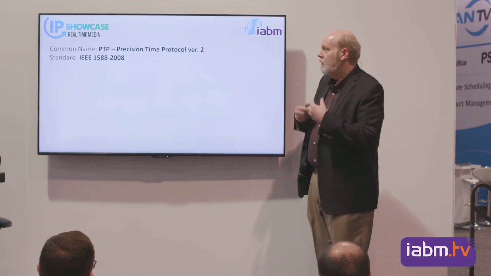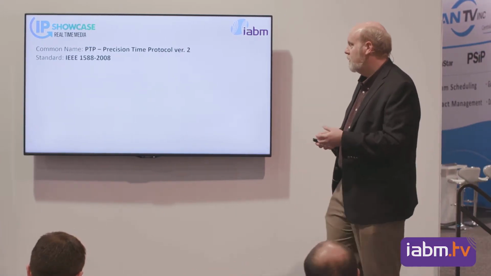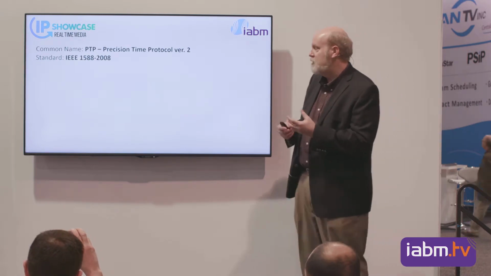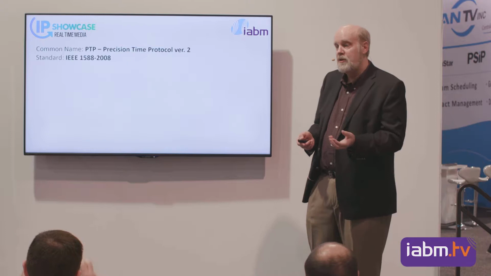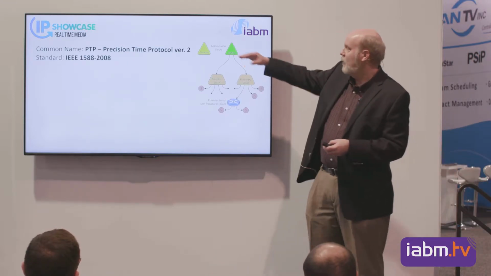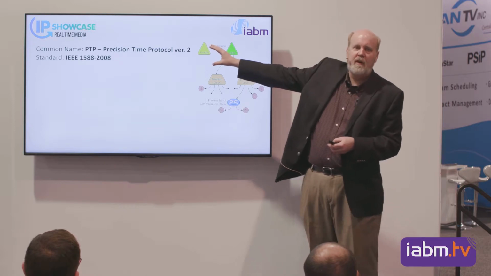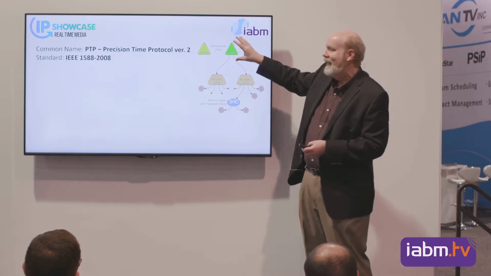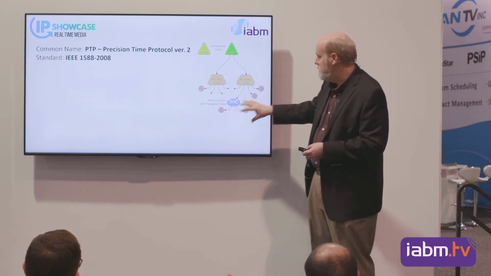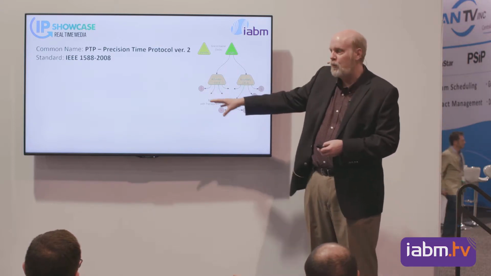So let's talk about the master, the thing that's providing the synchronization for the overall system. Precision Time Protocol version 2. The actual standard is IEEE 1588-2008, okay? What this provides is a way to take a grandmaster clock, which is typically synchronized to GPS, and distribute that clock through various devices to slaves that are throughout the network.